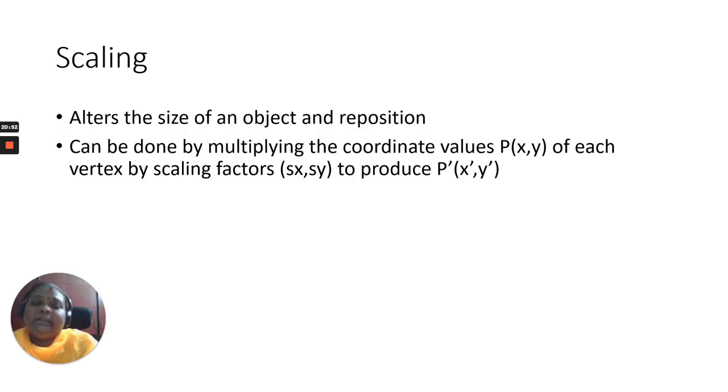If you want to reduce the size, then we can divide by the scaling factor. You can use division. So this is actually the scaling value. So the old value p will be given in the new position p dash by multiplying the scaling factors sx and sy. Let's see the mathematical derivation.